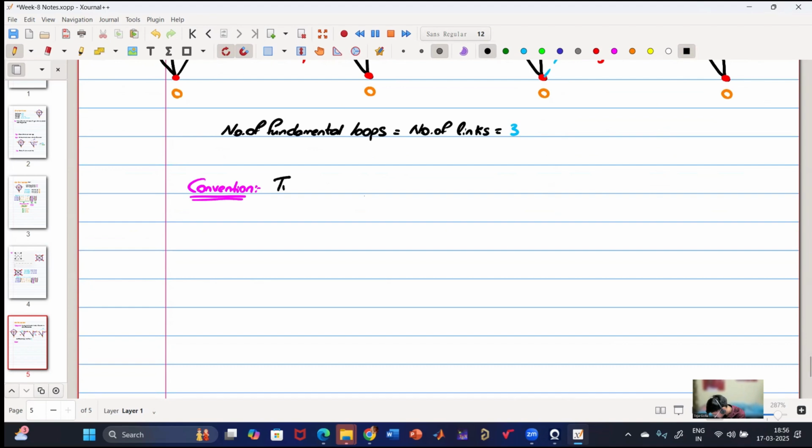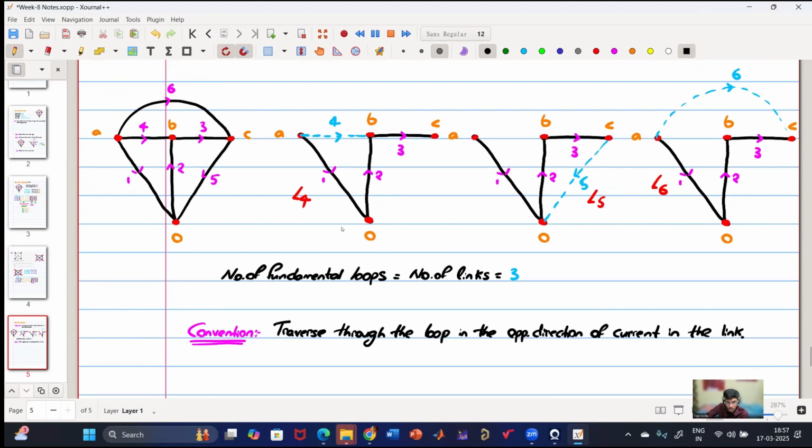Traverse through the loop in the opposite direction of the current in the link. Say the link current is flowing in one direction, we have to go in exactly the opposite direction.